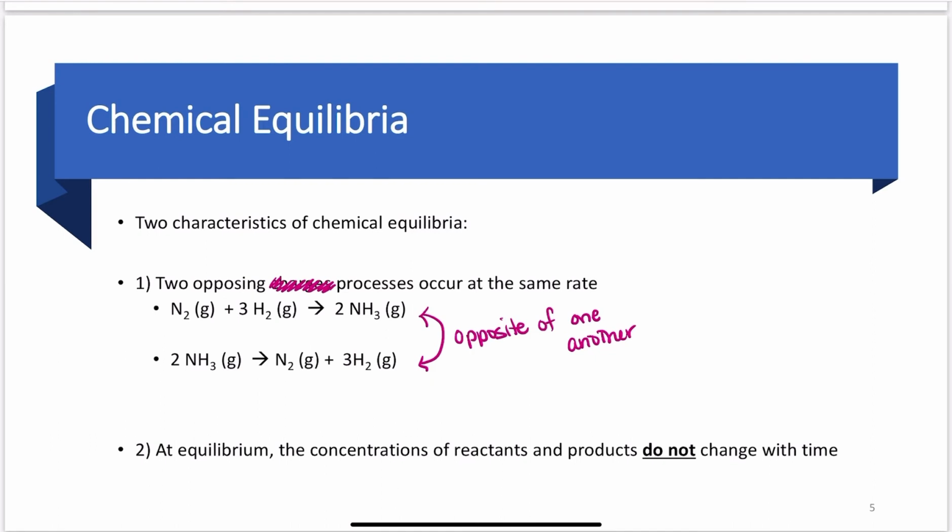But because they're happening at the same rate, bird's eye view, we don't see the difference. Number 2, at equilibrium, the concentrations of reactants and products do not change with time. Again, that's because of the processes occurring at the same rate. Things are changing, yes, but bird's eye view, nothing is changing.